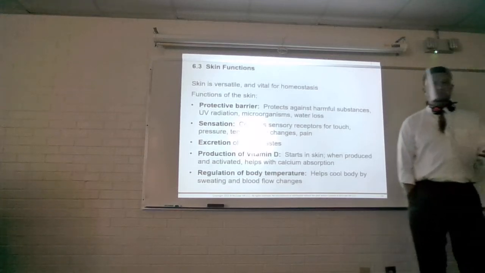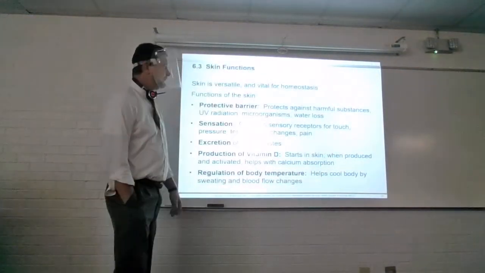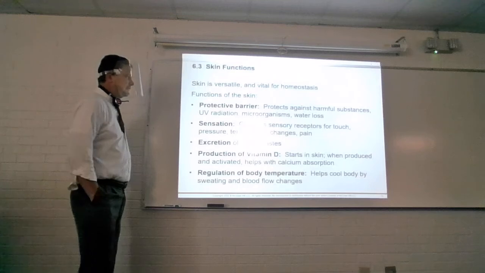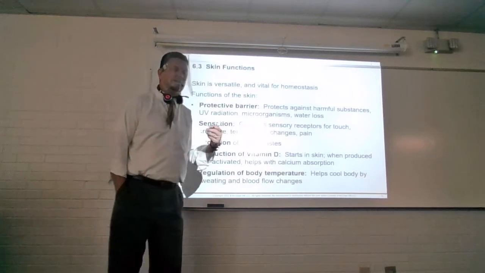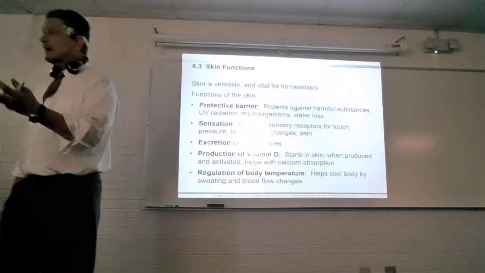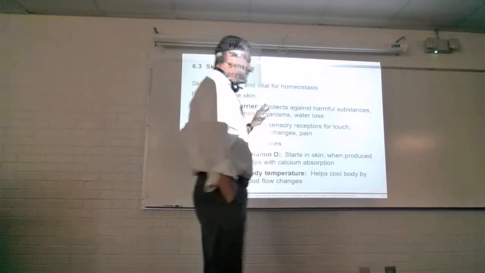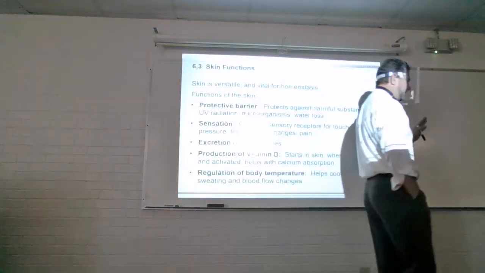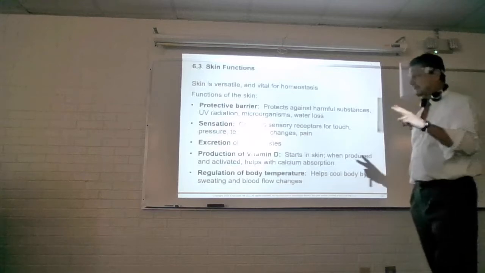Things cannot do you any harm until it gets past this point. So it is the protective barrier. It has a lot of sensory receptors. We looked at two, the Meissner corpuscles and the Pacinian corpuscles. We briefly talked about the tactile ones, but I'm not worried about that. The Meissner and Pacinian, because we looked at them in lab, that's what I want you to know.